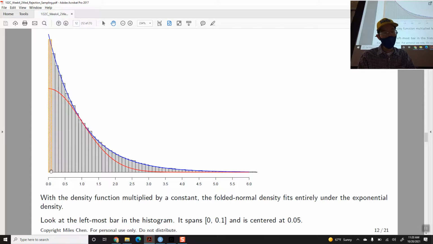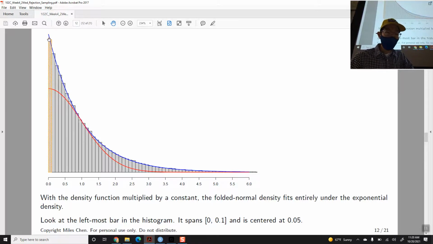So this first bar goes from 0 to 0.1, and it's centered at 0.05. The values here aren't necessarily exactly equal to 0.05, but we can use 0.05 as a representative value. Think of this bar as representing the values around 0.05.